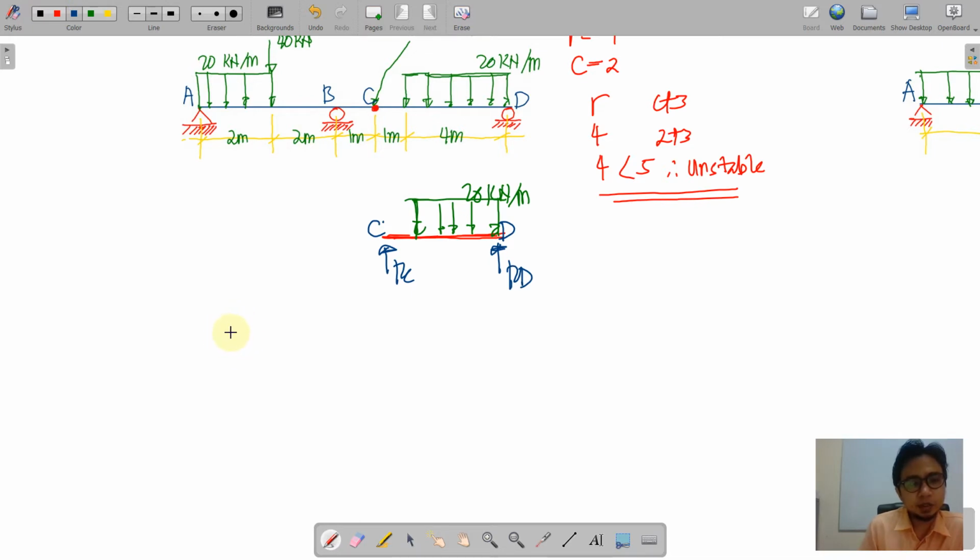So for the other beam, we have this to be RAY, but RAX here is obviously 0. Okay, we are going to place here the loading.